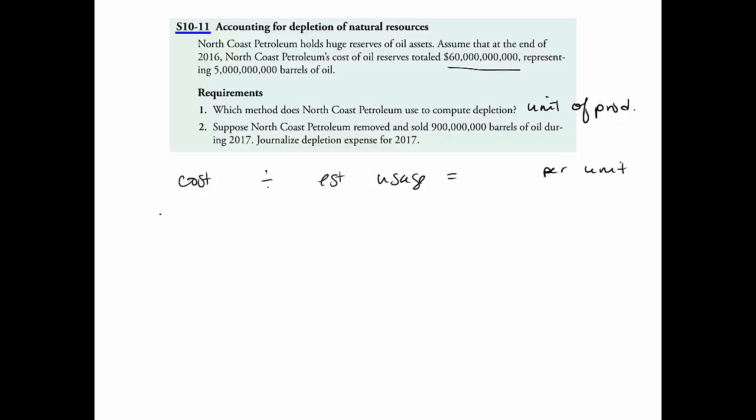So my oil reserve, the cost of it, 60 gazillion here, 3 more I think, divided by, I'm expecting there to be 5 billion barrels of oil in there. So 60 divided by 5 gives me a rate of $12 per barrel. That's my depletion rate per barrel.